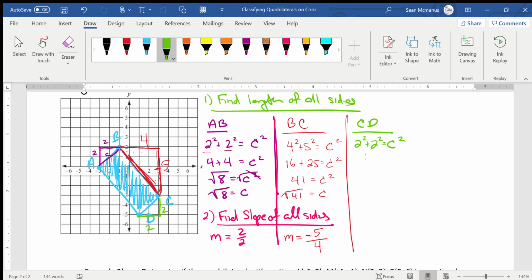So I know all the work is going to be the same, and I will know the square root of 8 equals C. I had the same numbers in my Pythagorean theorem, so if I did this work all the same, I should get the same answer. And here, my slope is, remember we go from left to right, so it's going up, so I'm going to go up 2, right 2.